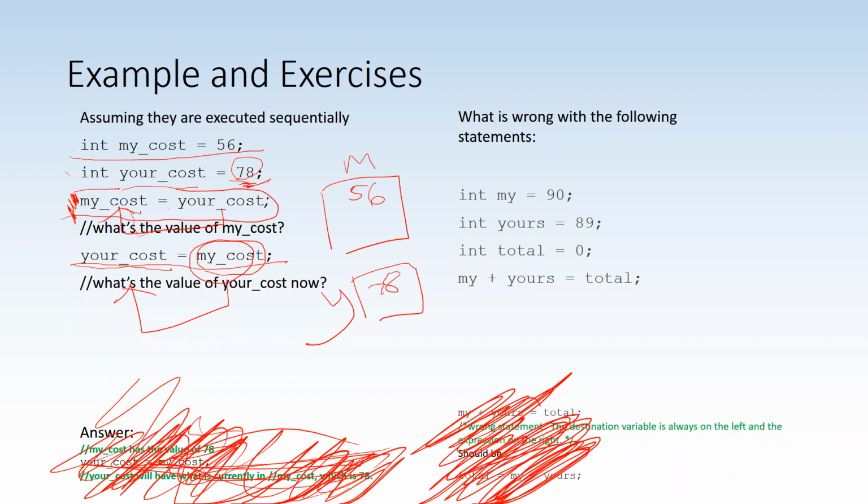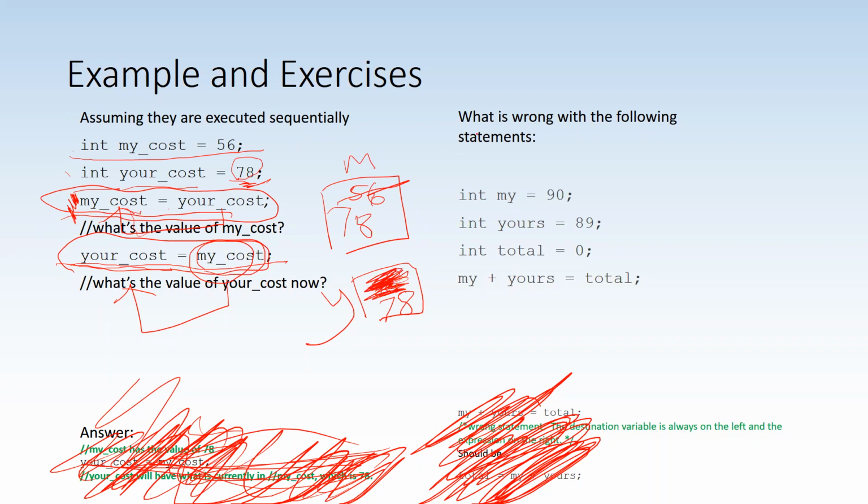After this statement, this is gone, it becomes 78. And then your cost is assigned the value from my cost. So this is gone, and it goes to my cost, gets the value 78. Erase that. It's the same value, but it gets it from the my cost location. This original value is still erased, everybody, even if they are the same, and it puts the new value into it. Okay, that's this.